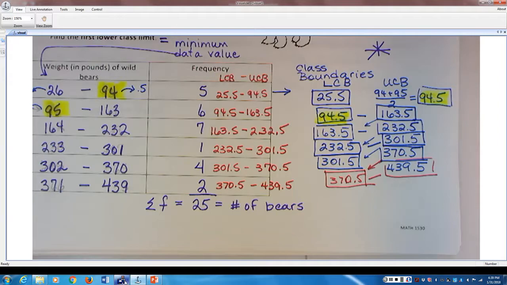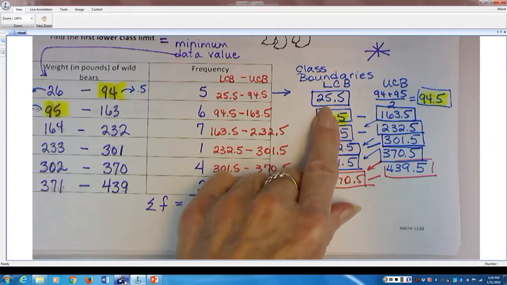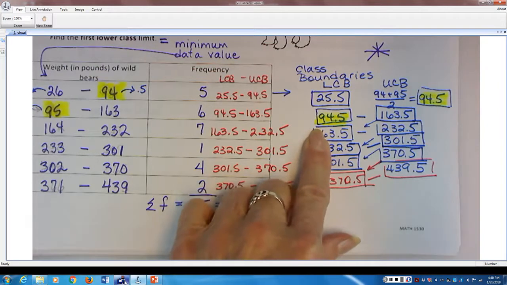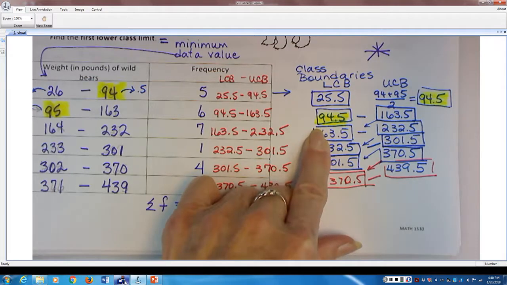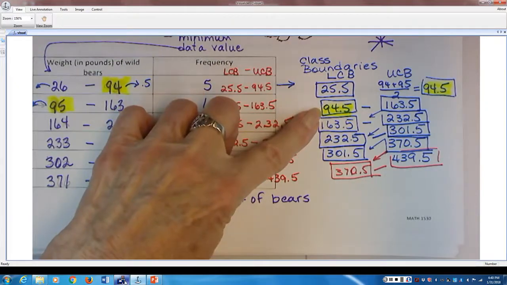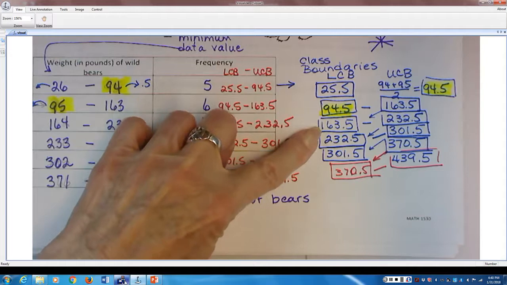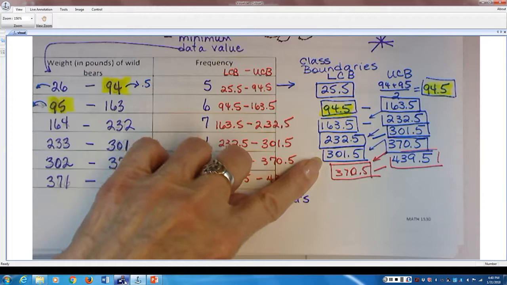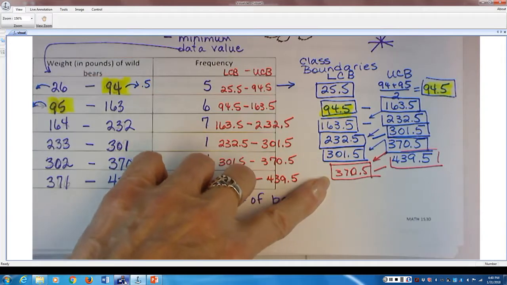Okay? And I'm going to point out something sort of interesting to you. What is 94.5 minus 25.5? What's the class width? 69. 25.5 plus 69 is 94.5, plus 69 is 163.5, plus 69 is 232.5, plus 69 is 301.5, plus 69 is 370.5.